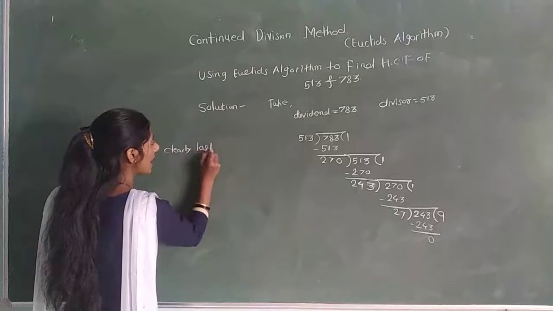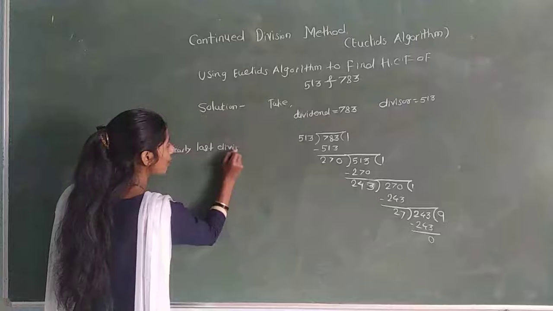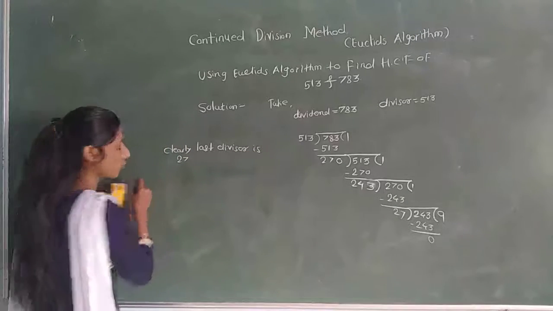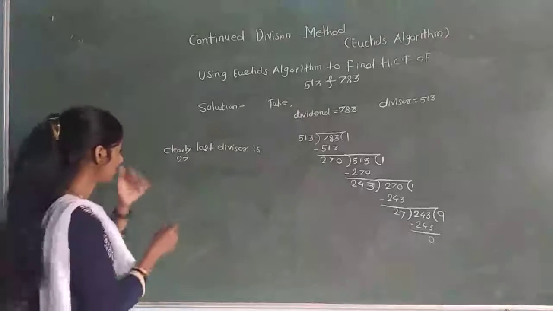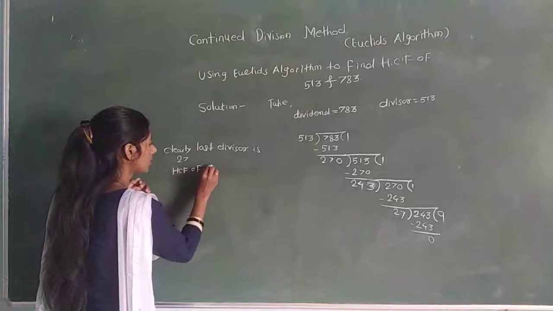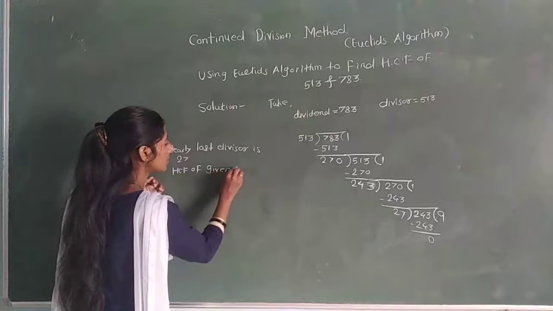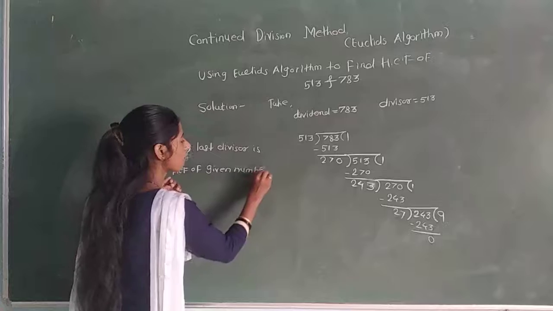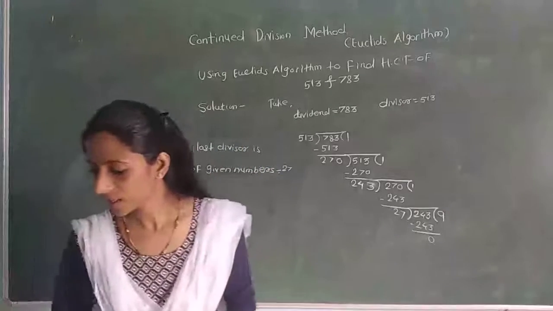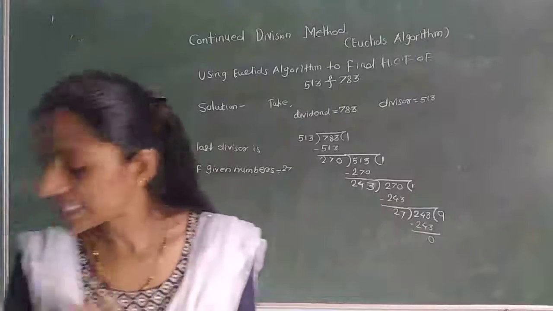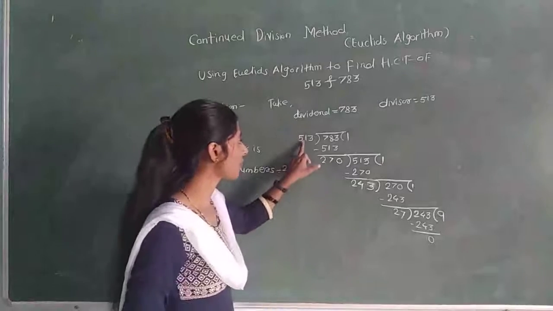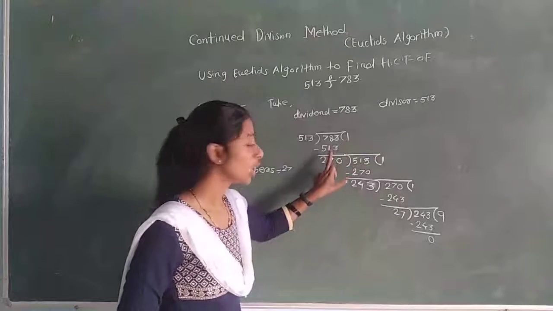Clearly the last divisor is 27. Therefore the SCF of the given numbers is equal to 27. And the above process can be exhibited in the following convenient form. The first: 513 ones are 513, remainder 270.